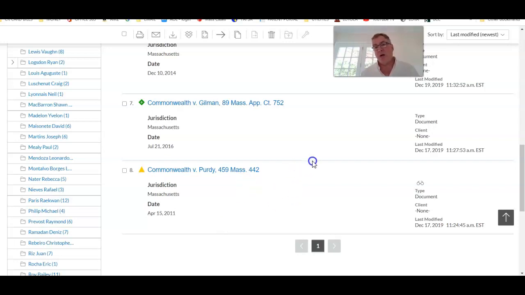The relevance of the letter is that this defendant made some admissions about the case in the letter, and those admissions were used against him at the probation violation hearing. The letter was introduced into evidence. He was sent to jail and he appealed, and that was one of his issues. So let's open up Purdy.